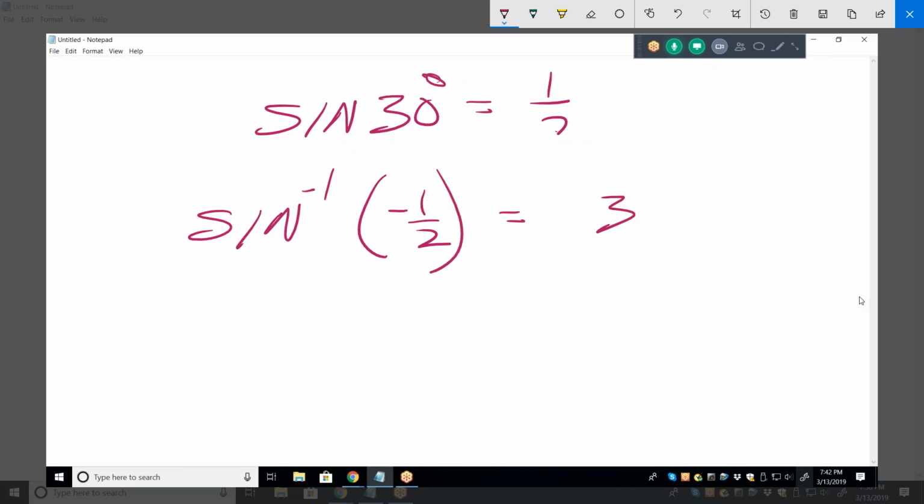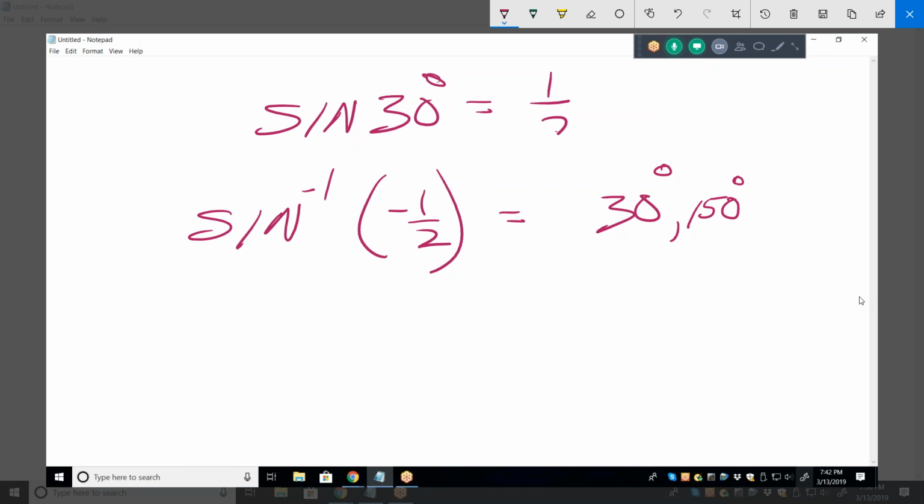Well, we know that's not 30 degrees, right? Because sine of 30 degrees is positive 1/2. But there are 3 other quadrants. In the second quadrant, 150 degrees would be the equivalent of 30.